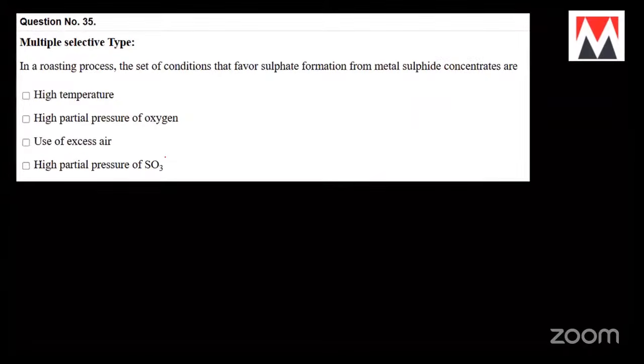In roasting, the set of conditions that favor sulfate formation from metal sulfide concentrates are... Okay, it's a very good question. So sulfur, with high roasting, you'll be converting into SO2. From the metal sulfide, that is ZnS, you will be getting ZnO first.